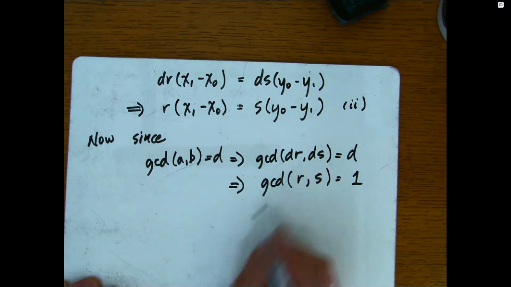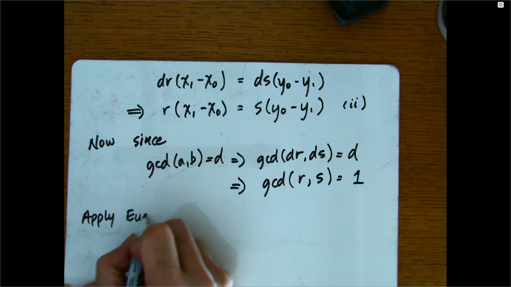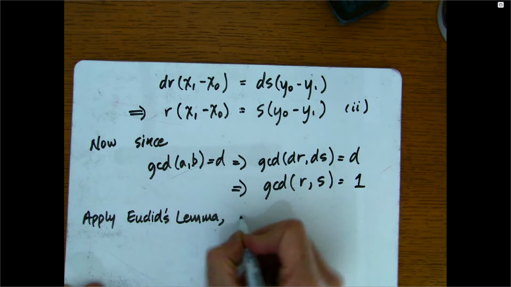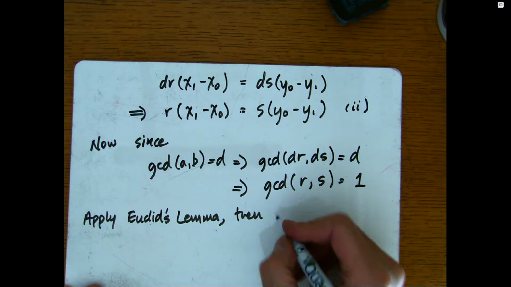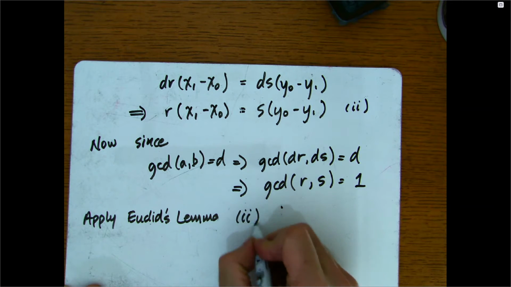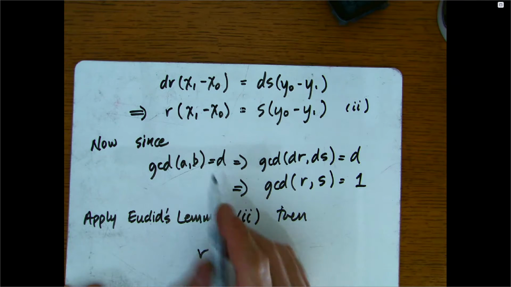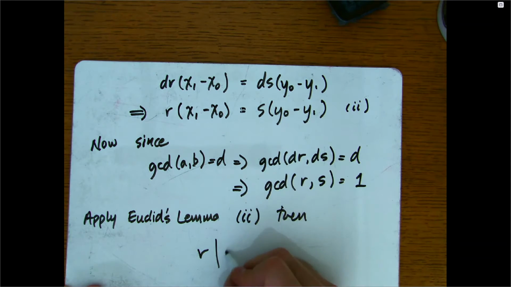So if we apply Euclid's lemma, what can we say? Let's apply it to equation 2. R must divide this side, and it's relatively prime to S, so it must divide y0 minus y1.